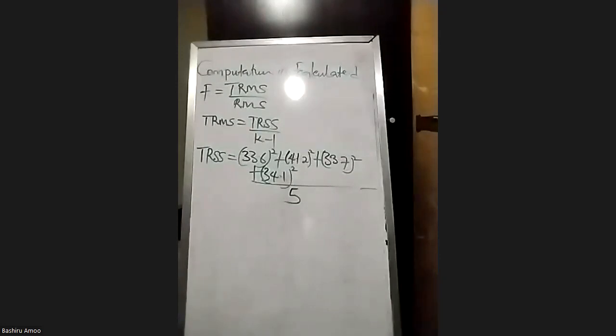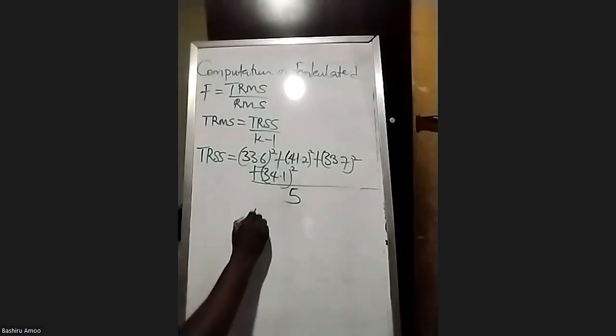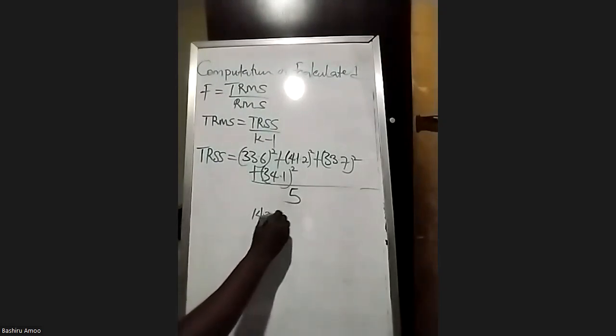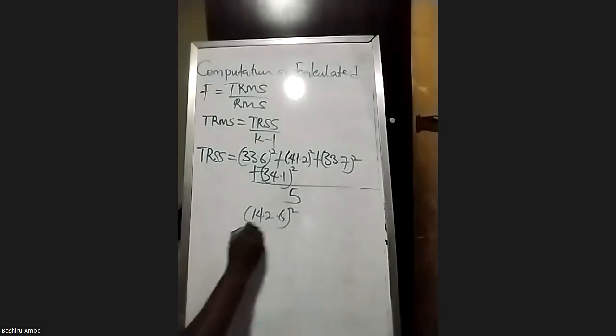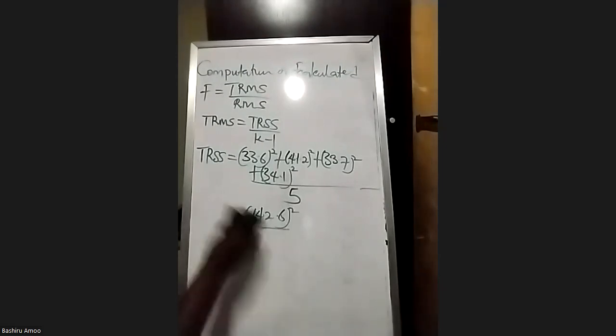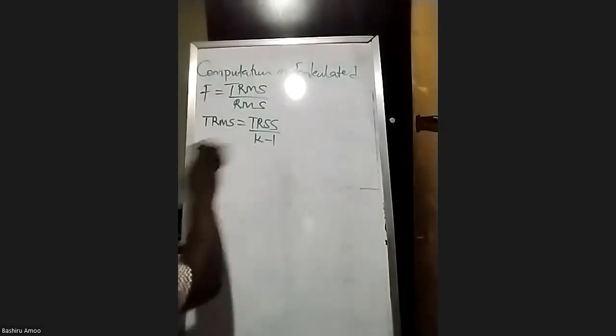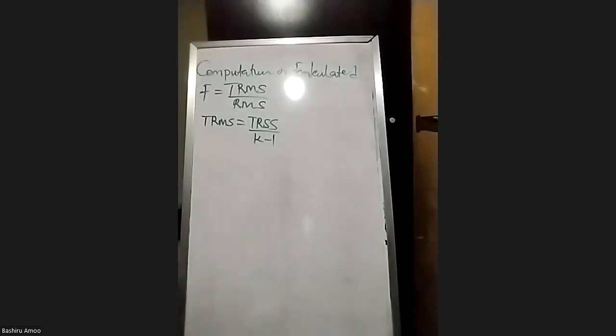The correcting factor here, we have the grand total, 142.6 squared, divided by... Class, let me write it like this for better understanding. Let me write it together.